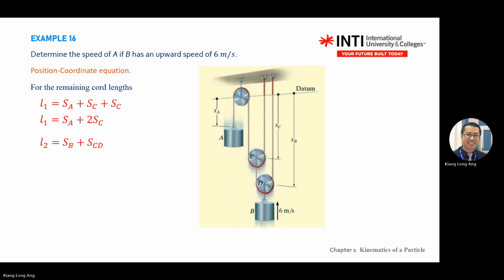Second one: here plus here. Right? Here plus here. How do you get CD? So you convert this one with SB minus SC.